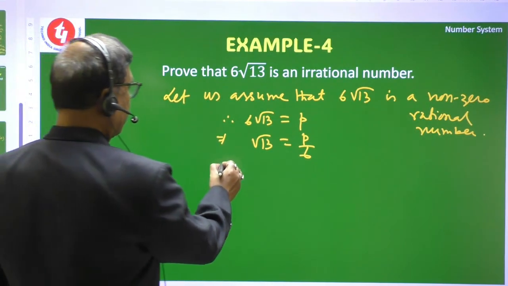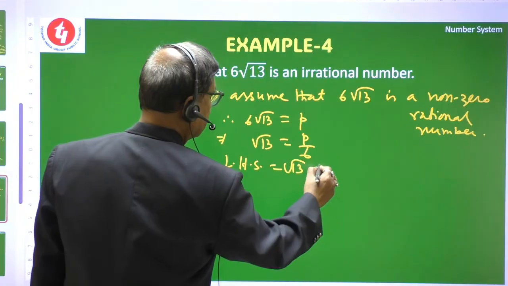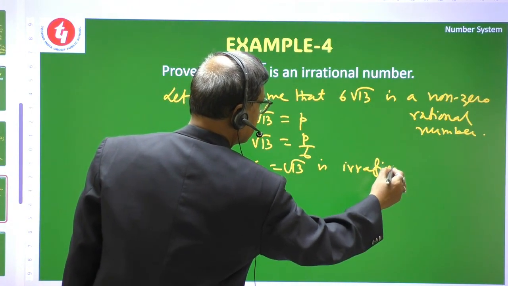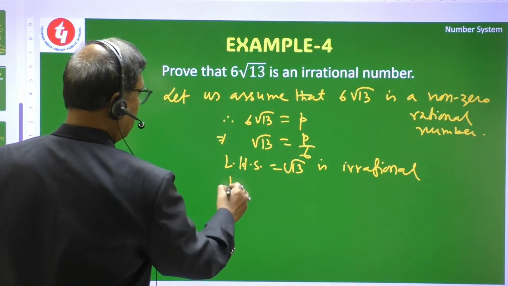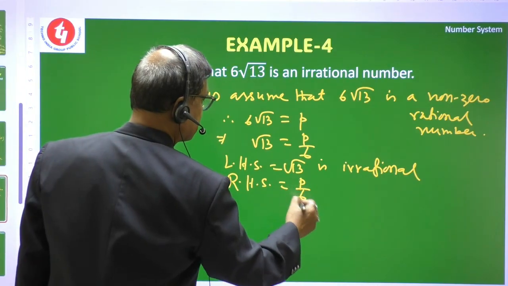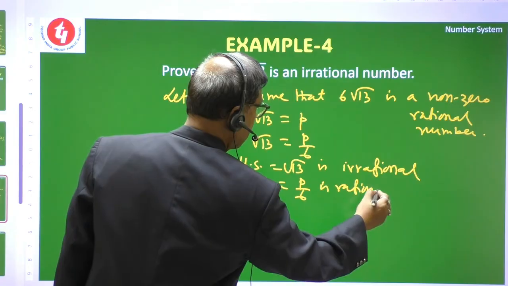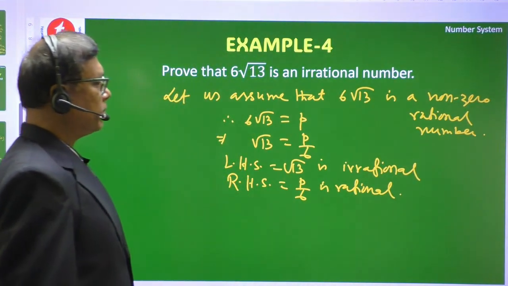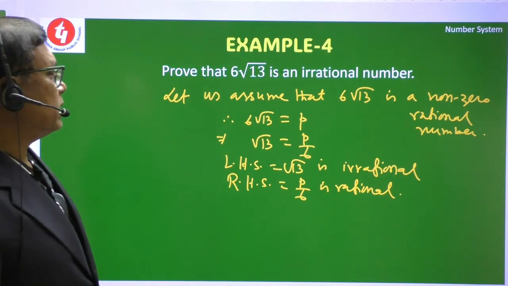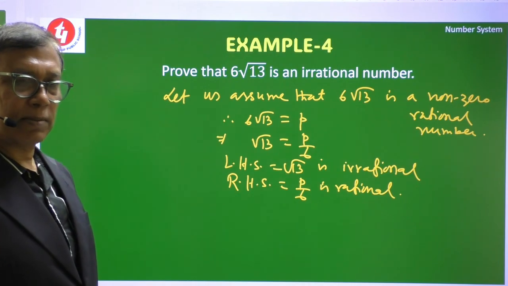So here also we are observing LHS root 13 is irrational. It is an irrational number. Whereas RHS p upon 6 is rational, because p is a non-zero rational, as we considered, and 6 is a rational number.